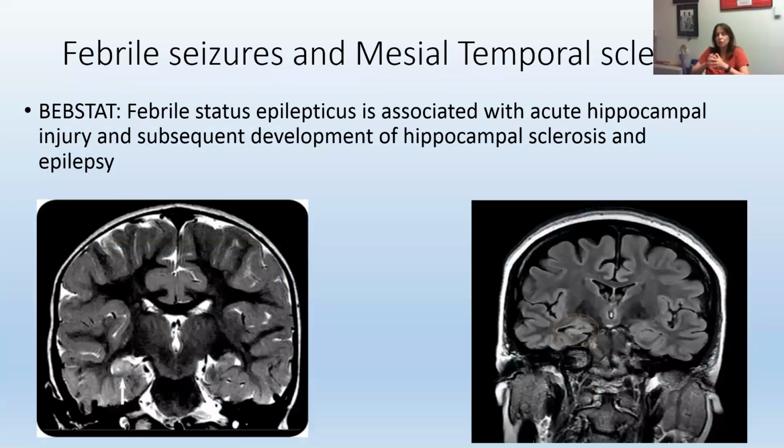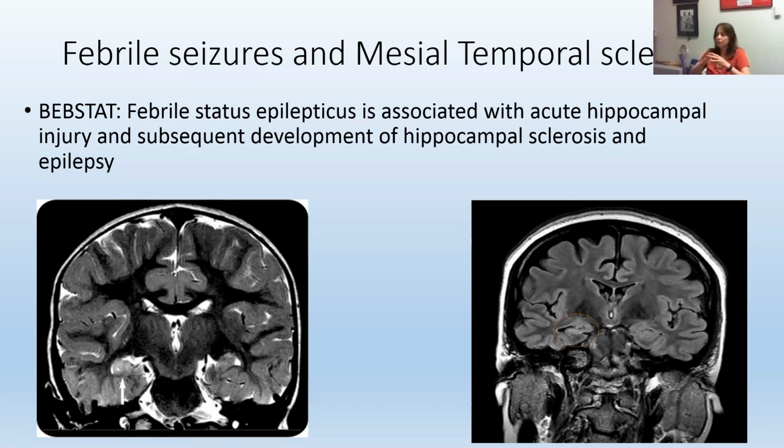The other thing that I wanted you to know a little bit about with febrile seizures: the most common adult epilepsy syndrome that is very refractory to medication, and usually they are not controlled and need to go into surgeries, is what we call mesial temporal sclerosis, where part of the temporal lobe, the hippocampus, looks sclerotic, and the seizures arise from that area.